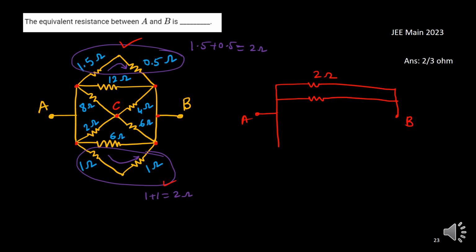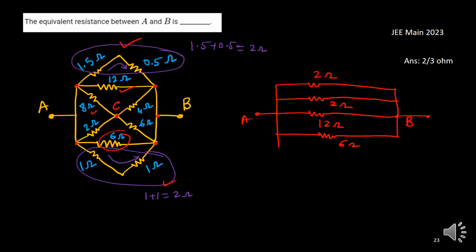Easily I can write, this is also 2 ohm. Then this 12 ohm between A and B, I'll put it here. This is node B. This is your 12 ohm. Similarly, this 6 ohm is also between A and B. I can consider these things here. This is your 6 ohm.